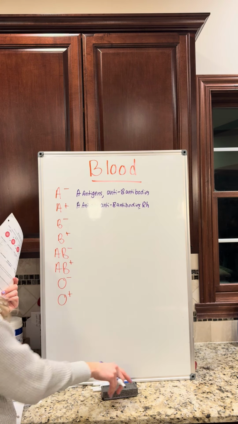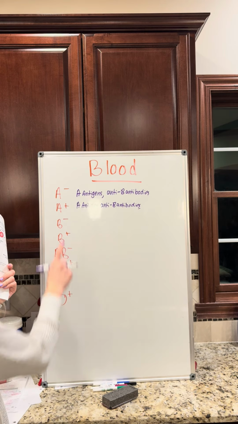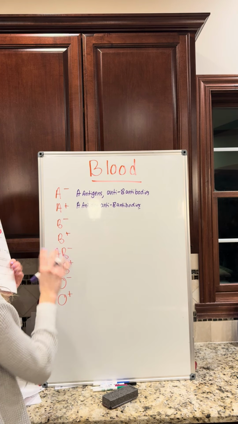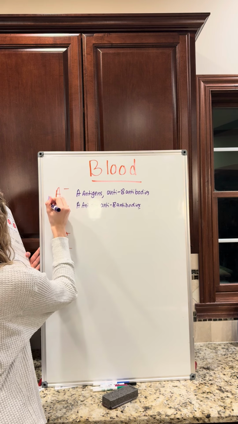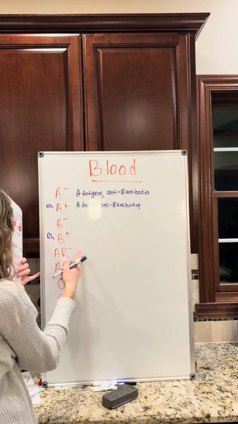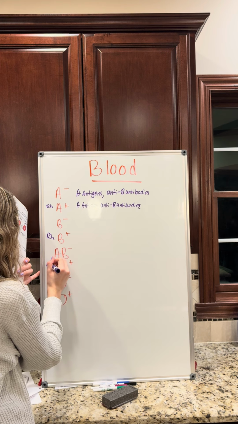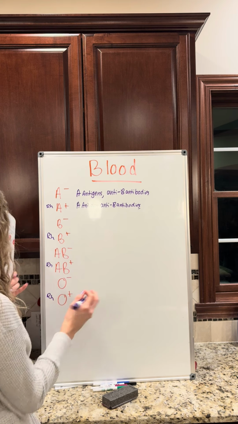So actually, I'm going to go ahead on the side and do this really quickly for the RH. Because it's a minus, this one does not have the RH. Because it's a plus, it has the RH. Minus, no. Plus, yes. Minus, no. Plus, yes.